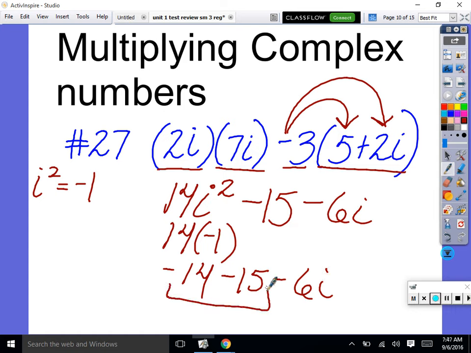Negative 14 minus 15 is negative 29, right? Minus 6i. So you've got to change anything with an i squared to negative 1, and make sure you don't add it. I always have students in secondary 2 do that, but your brain should be more developed now. Understand that that's not an addition sign, it's multiplication. 14 times negative 1, not 14 plus negative 1. Questions? Okay, let's do another one off the worksheet.